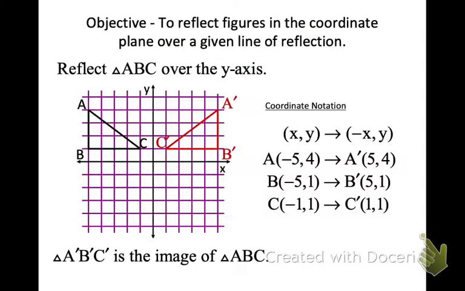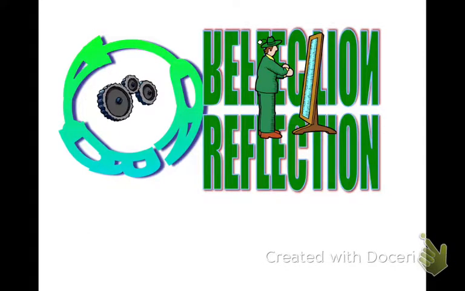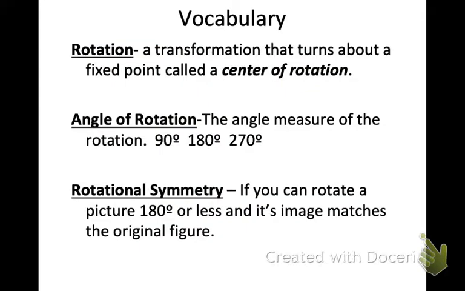All right. Now, reflection or rotation. Let's now talk a little bit about rotation, our third kind of movement. All of these are called transformations. Transformations change where the object is in space.